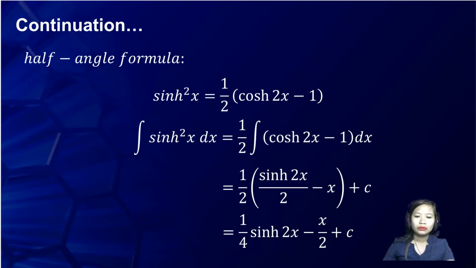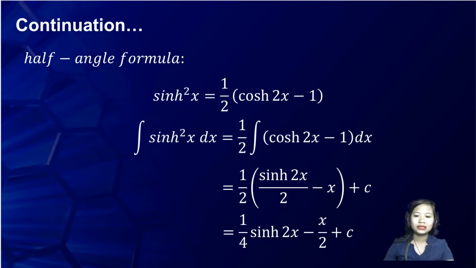So going back to our original given, the integral of the hyperbolic sine squared x dx. Following this half angle formula, we have 1/2 the integral of the hyperbolic cosine 2x minus 1 dx.